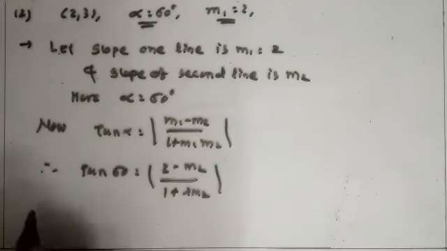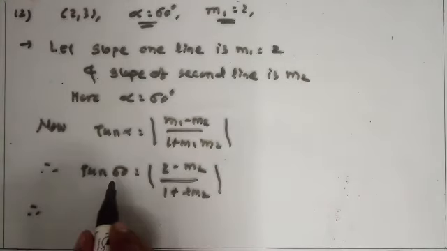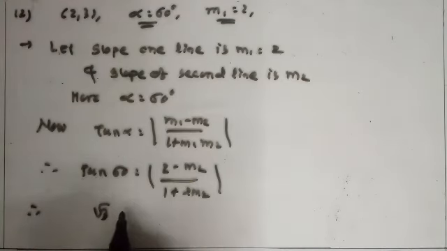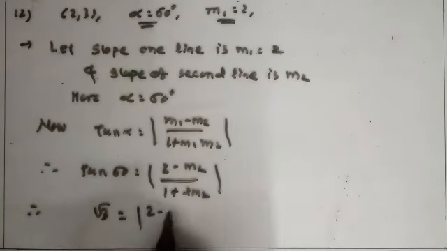m1 is replaced by 2. Tan 60, that is tan pi by 3, is equal to root 3. So root 3 is equal to mod of 2 minus m2 upon 1 plus 2 m2.